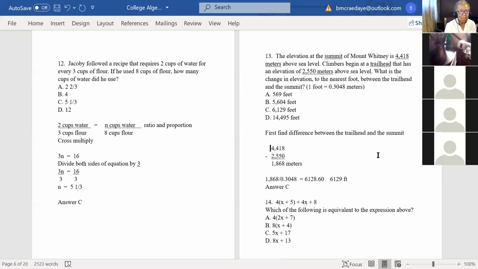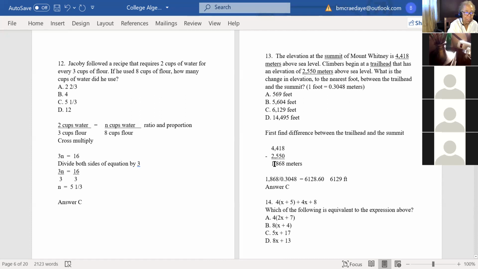Oh, okay. So I'll go back through this one again. Did you do 13? Nope. Okay. Well, for 13, you were to find the change in elevation to the nearest foot between the trailhead and the summit. So you had to get the elevation at the summit, which was 4,418, and the elevation at the trailhead, which is 2,550 meters, and get that difference. So that's why we subtracted the 2,550, which is what it is at the trailhead, from the 4,418, which is the elevation at the summit.